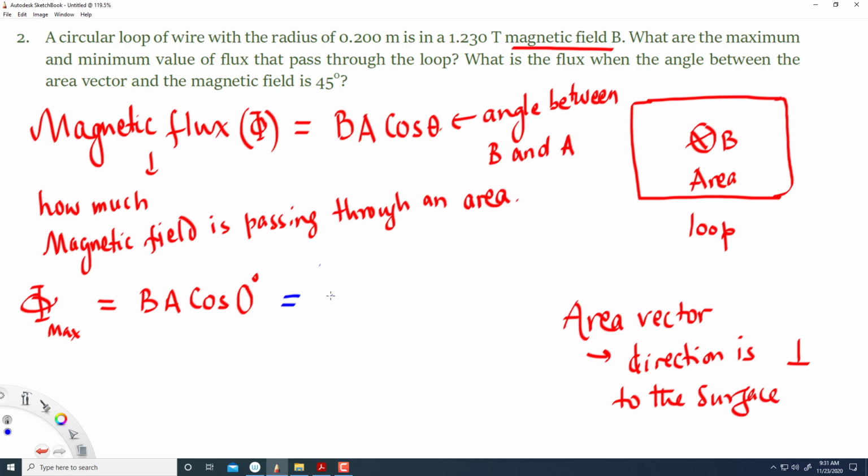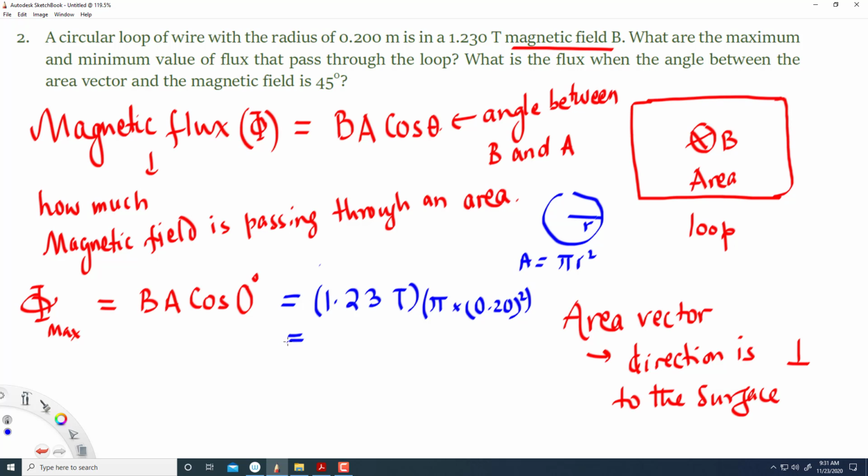So B is 1.23 Tesla. Area of the loop, in this case it's a circular loop. I didn't draw this correctly. I was just drawing some generic loop, but the question is about the circular loop. For a circular loop, area is pi r squared, right? So pi, radius is 0.0 squared. So that will give us the maximum flux.